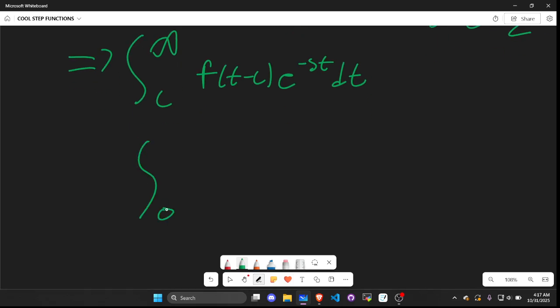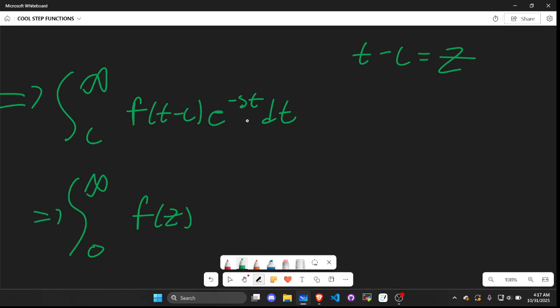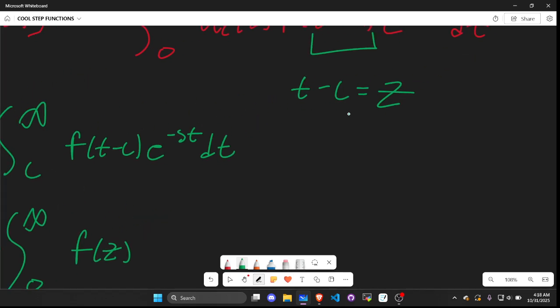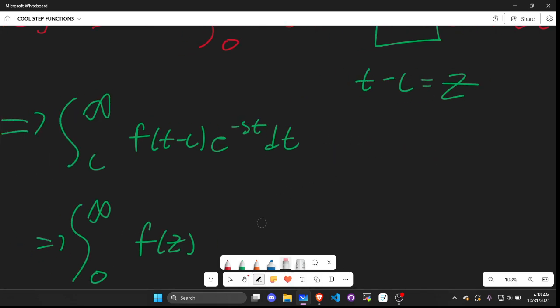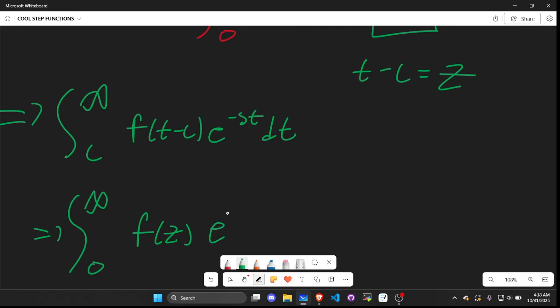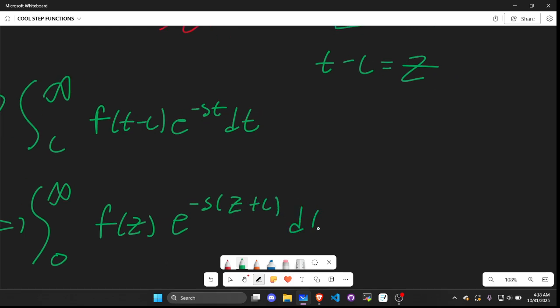So we'll go from 0 to infinity of f of z, and e to the negative st, well, if this is t minus c, and we're changing it with z, well, t equals z plus c. Just rearrange it. You can see it very clearly. So we're just going to replace the t with z plus c, dt.